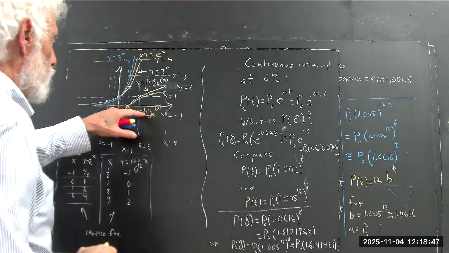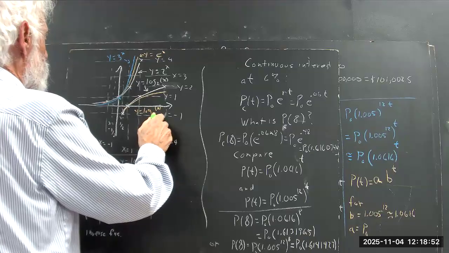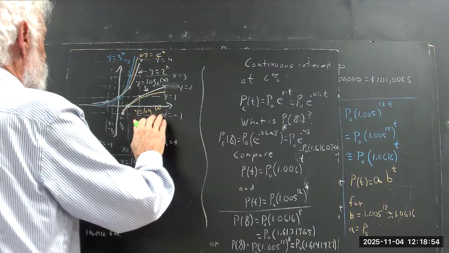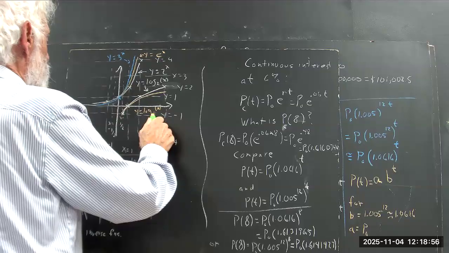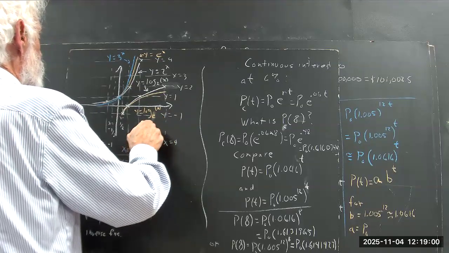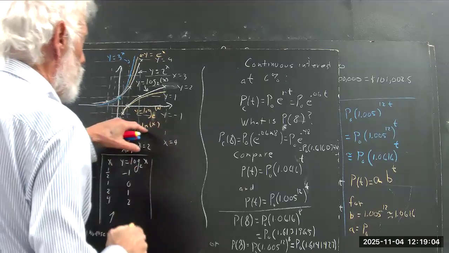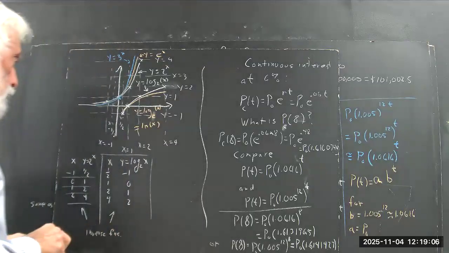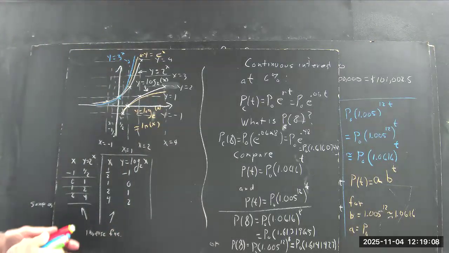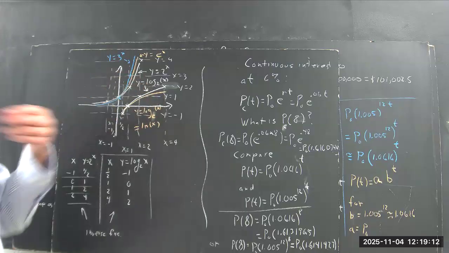Might be hard to read. That's log base e of x. This chalk is just a little bit hard to write with. We call that ln of x, the natural log of x. So those are the graphs of the log base 2 function and the log base e function.